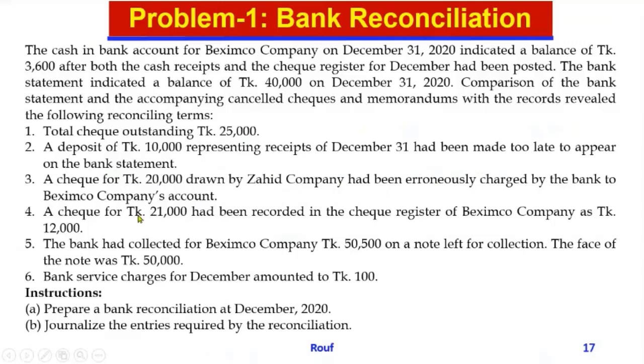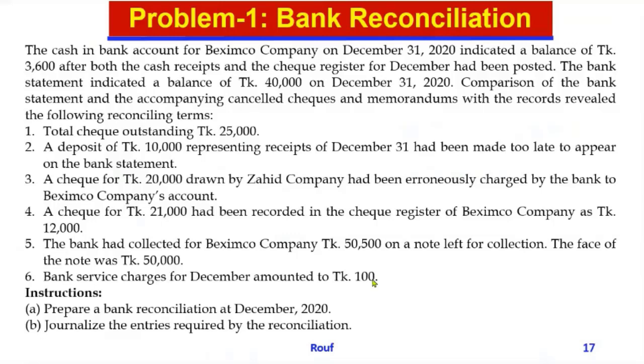And number 4, a check for Taka 21,000 had been recorded in the check register of Beximco company as Taka 12,000. This is the company error. And 5, bank had collected for Beximco company 50,500. Here face value is 50,000, so interest is 500. And bank service charge only 100 Taka.